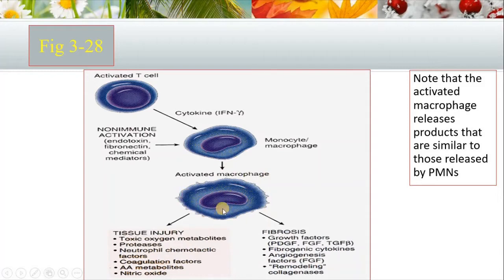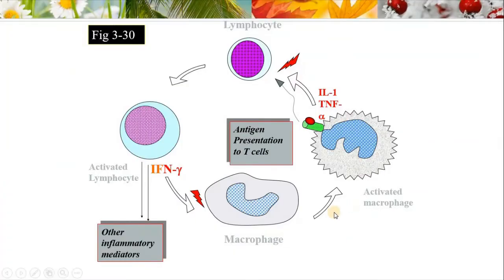Then what will it do? Tissue injury, local tissue injury, and healing by fibrosis. Again, this shows the cyclic pattern where activated macrophages are formed or stimulated by the interferon gamma from the activated lymphocyte.